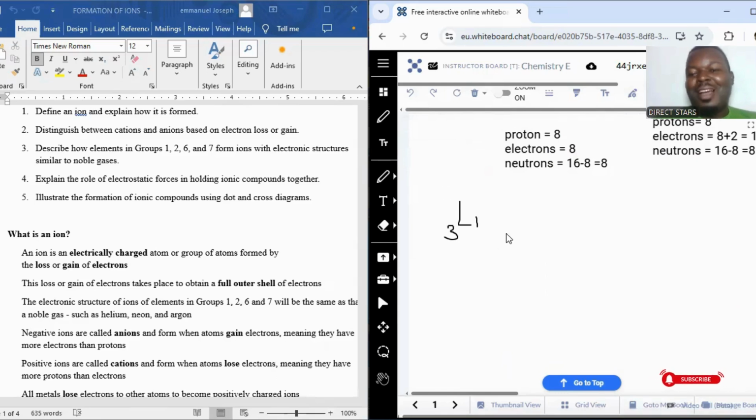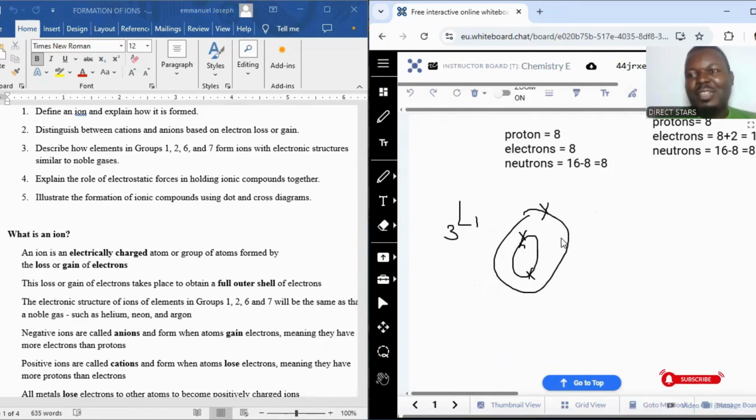If we are to spread lithium, the electron distribution will be: the K shell will take 2, and our L shell will take 1. So there is a challenge here. The challenge is you have an incomplete outer shell, which has just 1 electron. It's supposed to have 8.